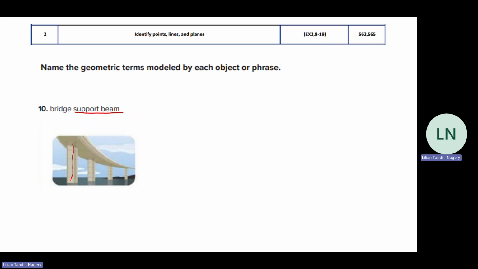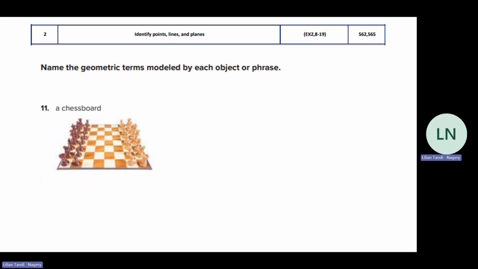These things here are what we are calling the beams that are supporting the bridge. So these are lines. Okay. Then we have chessboard. A chessboard is a flat surface. It is two-dimensional because it is a rectangle. So this will be a plane.